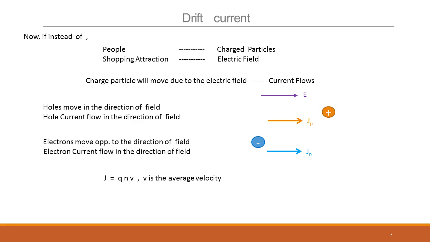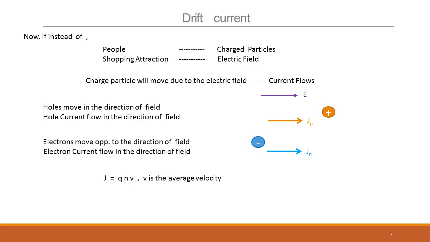by knowing that the current is nothing but the amount of charge that moves per second across a given cross-sectional area. So let's say V is the average velocity. In fact, it's called the average drift velocity. If V is the average drift velocity, all particles within V meters of the cross-section will move through the cross-section in 1 second.